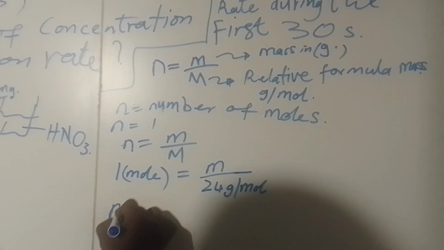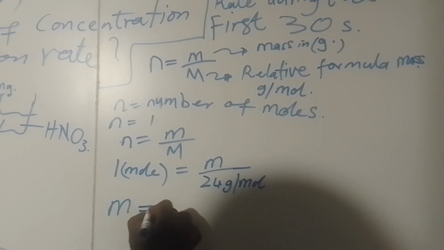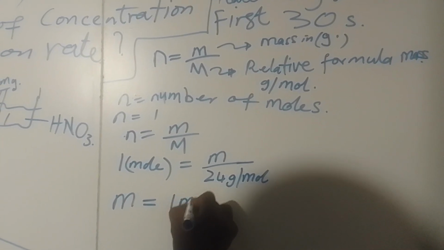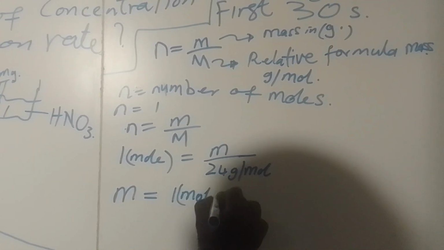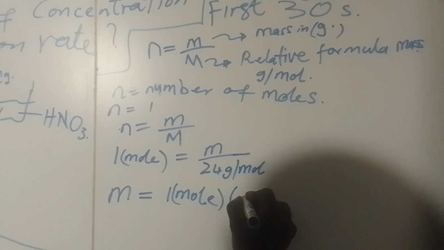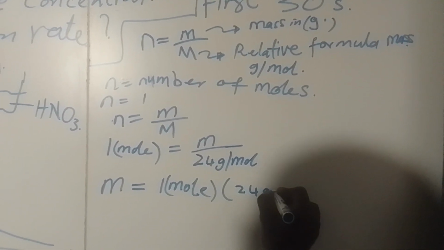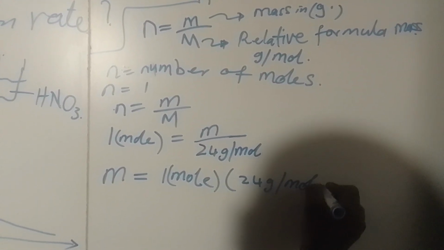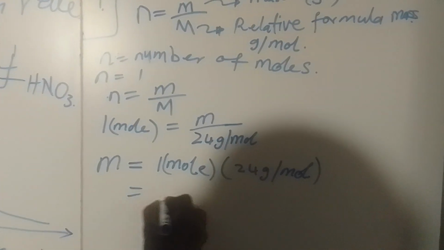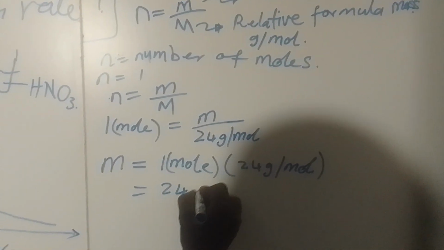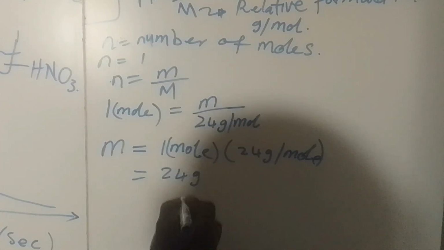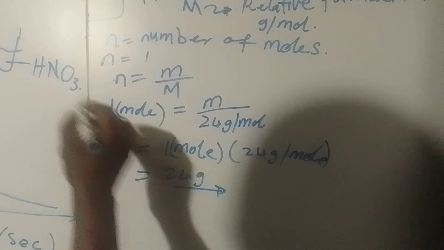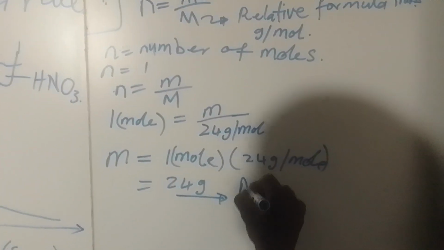Then calculating here, our mass is going to be 1 mole multiplied by 24 grams per mole. This is going to give us 24 grams. The moles and moles cancel. We have 24 grams of magnesium, Mg.